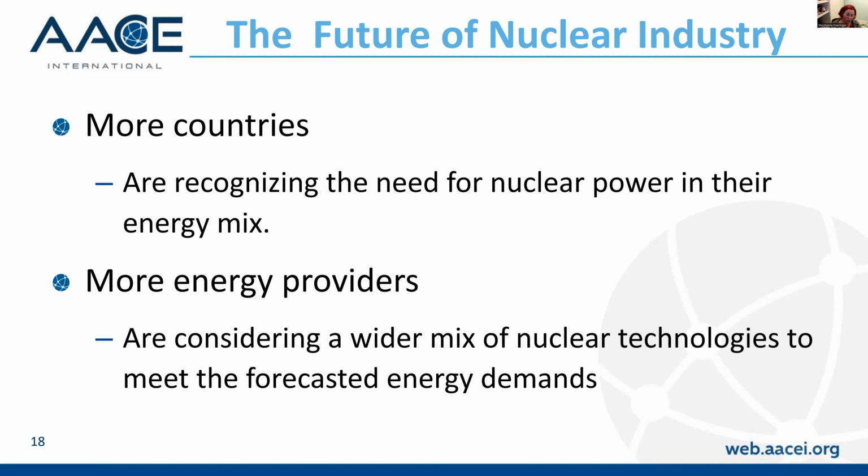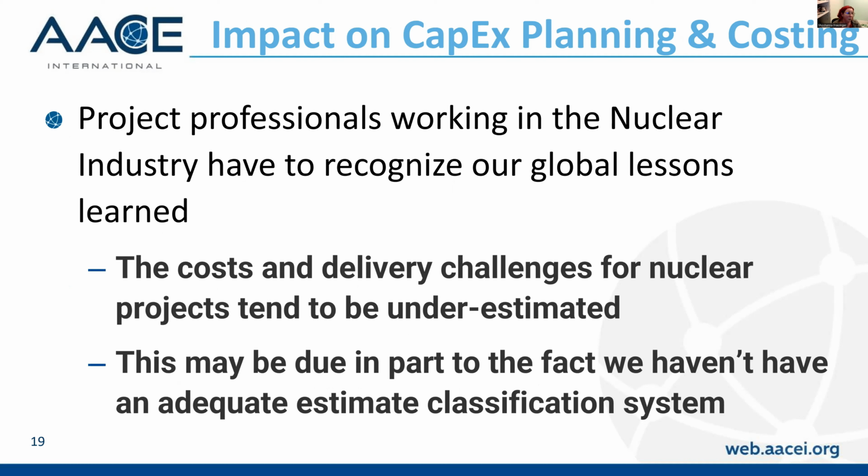We need to make sure that as we are developing the project documentation, moving through that project life cycle, we continually maintain the justification in cost and schedule that the ROI is going to be achieved. So we understand there is an impact to our capital planning and costing.